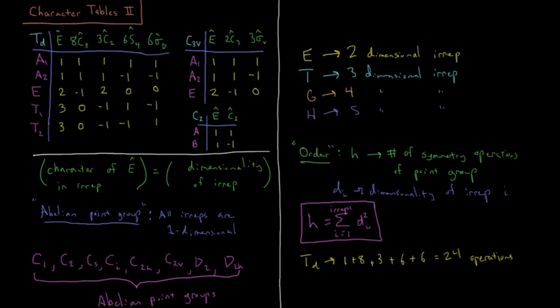But that's also the same number if we do A1 is 1-dimensional squared plus A2 is 1 squared plus E is 2-dimensional squared plus T1 is 3-dimensional squared plus T2 is 3-dimensional squared, equals 1 plus 1 plus 4 is 6, plus 9 is 15, plus 9 is 24. We get the same answer going both ways.